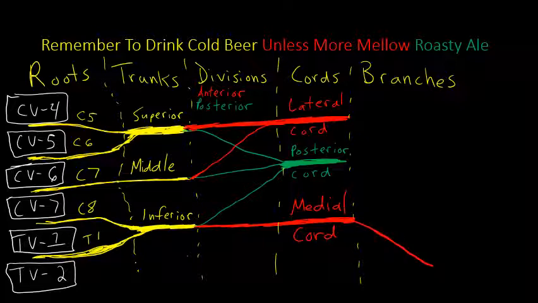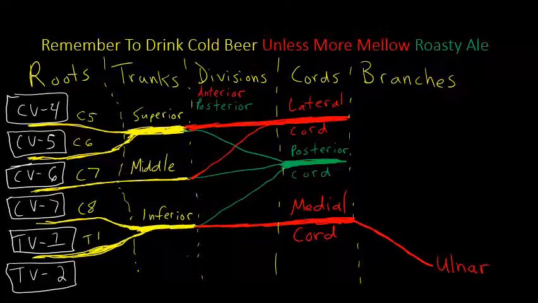the ulnar nerve. So unless stands for ulnar nerve. The ulnar nerve is a branch of the medial cord of the brachial plexus, and it travels down the anterior of the arm on the medial side, and then down the medial side of the antebrachial region of the forearm.